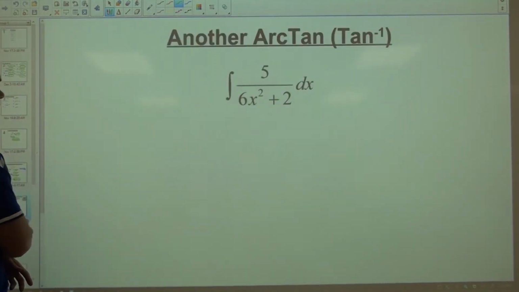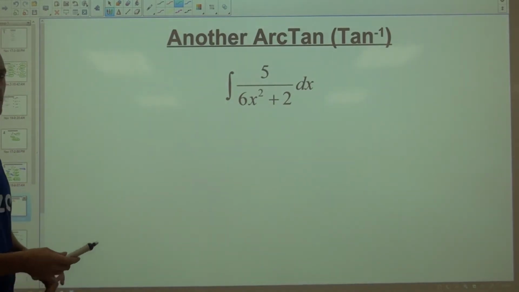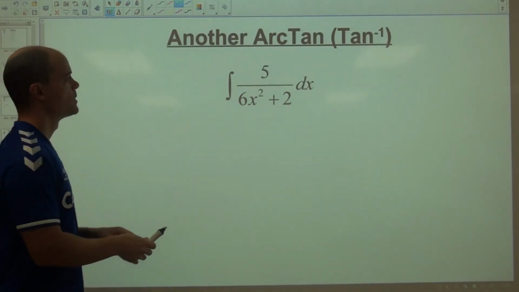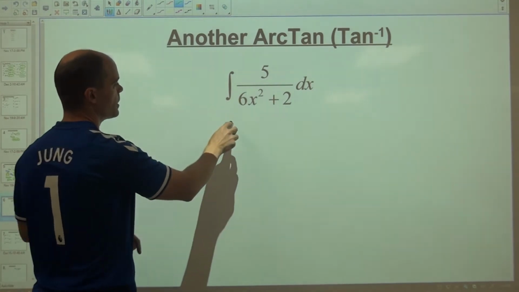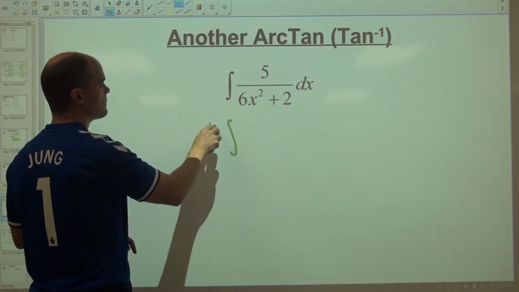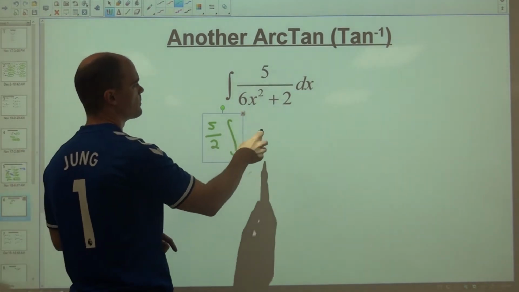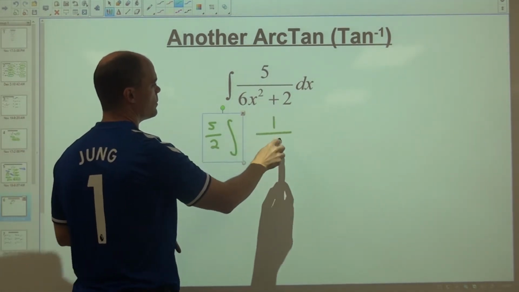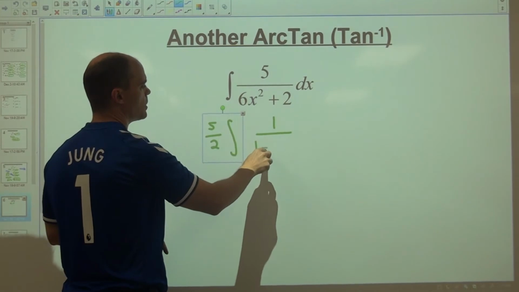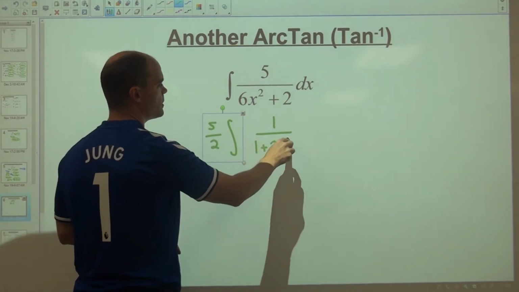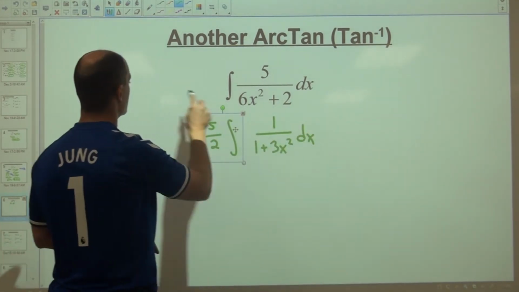So let's try another one, shall we? We'll go a little bit quicker this time. So I'm going to pull out the two things I need to right away. Pull out the 5, pull out the 2. What am I left with? 1 over, rearrange it, 1 plus 3x squared dx.